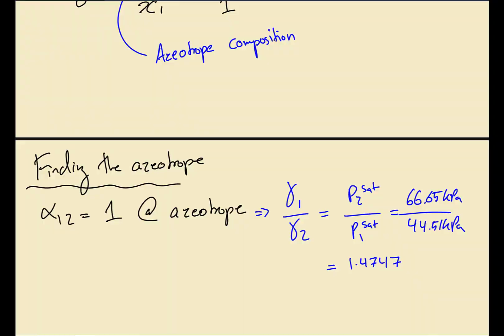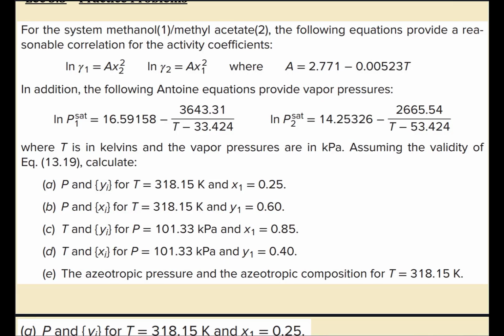How are we going to do that? In this case, we have these two equations, and they're both functions of the composition. And we have the ratio of gamma 1 to gamma 2. So we can plug it in there and solve for x. But what we're going to do is take both equations and subtract them from each other to get the ratio, because one of them alone doesn't give you the ratio.